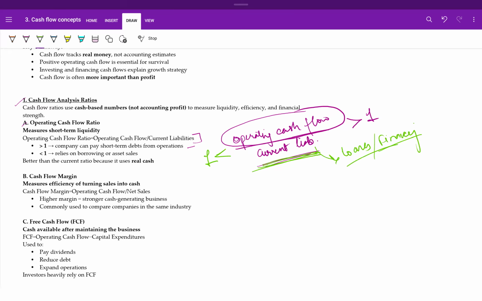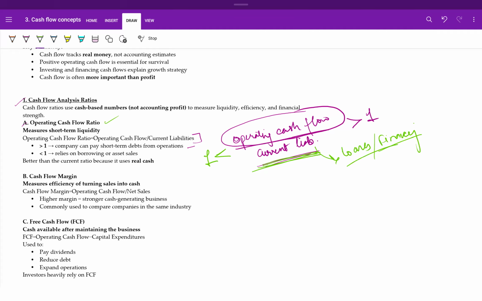And this ratio is better than the current ratio because it uses actual cash flows, not inventory or receivables that may not convert into cash immediately. This is an important ratio, the operating cash flow ratio, because operating cash flow is an indicator of whether or not we are cash positive.